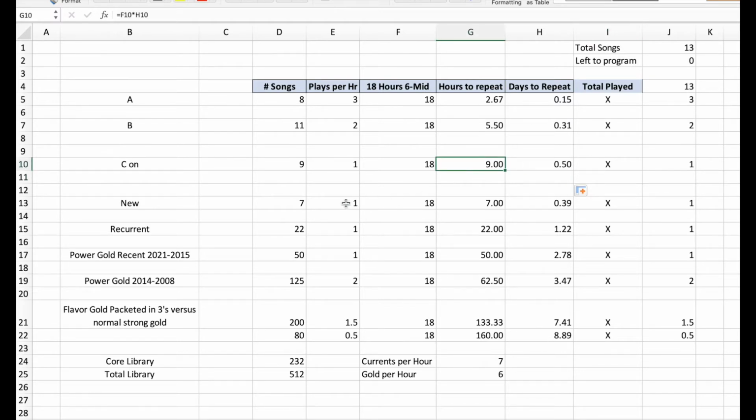And then there's new songs, and just stepping away and going, man, how fast do you want a new song to play? You could say, well, it should be slower than the C's. And that would be totally correct. That would normally be where I would probably go. But in thinking about what I'm trying to accomplish, again, basically it's a fake CHR. I don't think being slower is the right way to go.